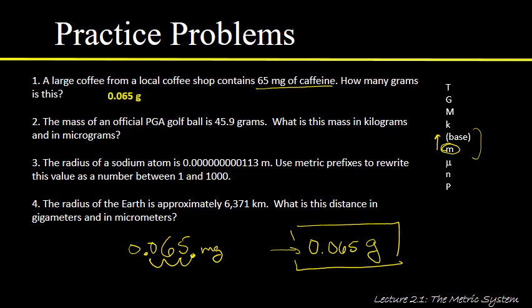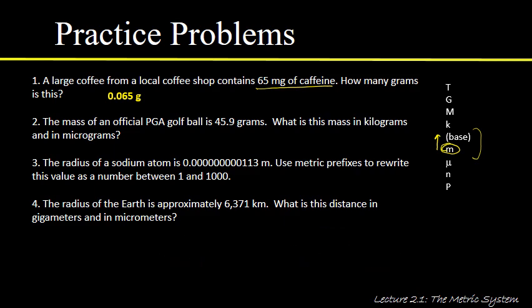All right, now let's do the same thing with a golf ball. This time we're going in the other direction. Actually, we're going both directions for this one. Golf ball is 45.9 grams, and we want to convert this to kilograms.